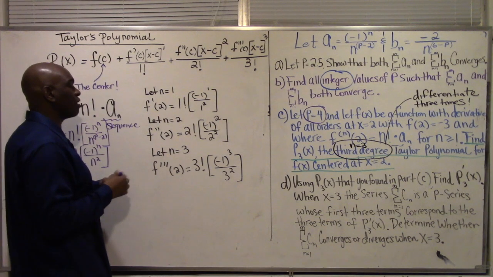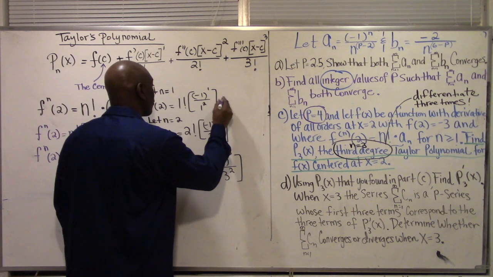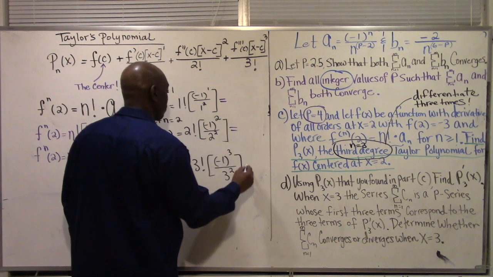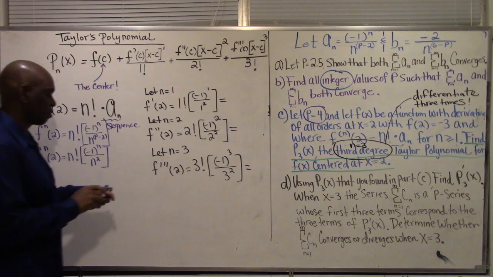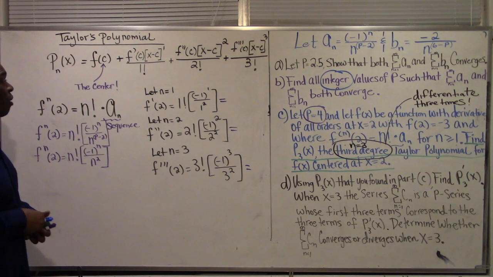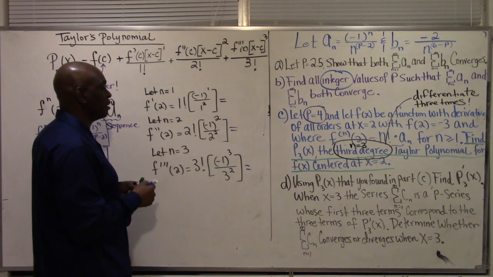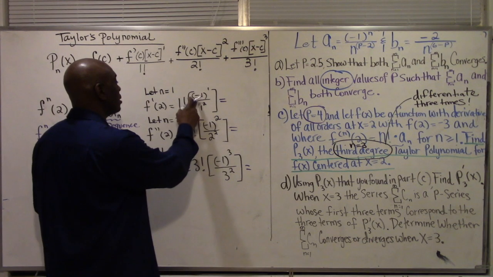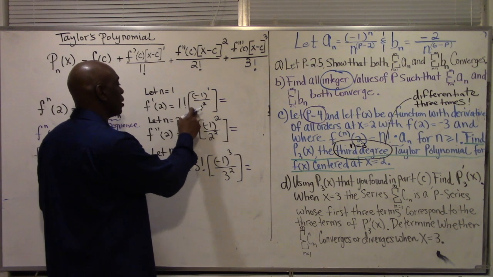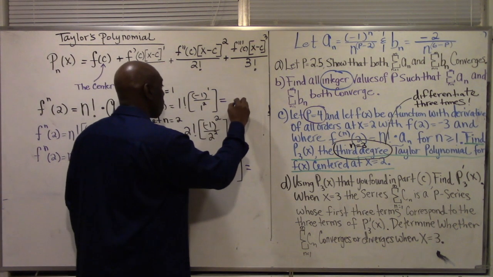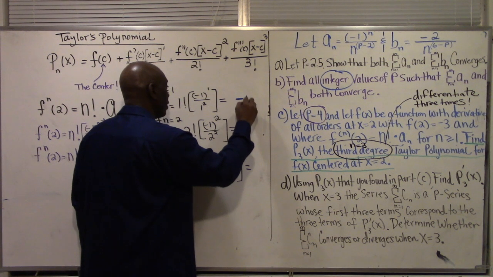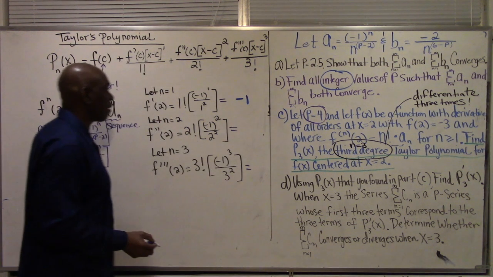Okay? And so what are these values? We need the values. Well, 1 factorial is 1, and 1 times negative 1 over 1 is just negative 1. So I'm going to have me a negative 1 right here.